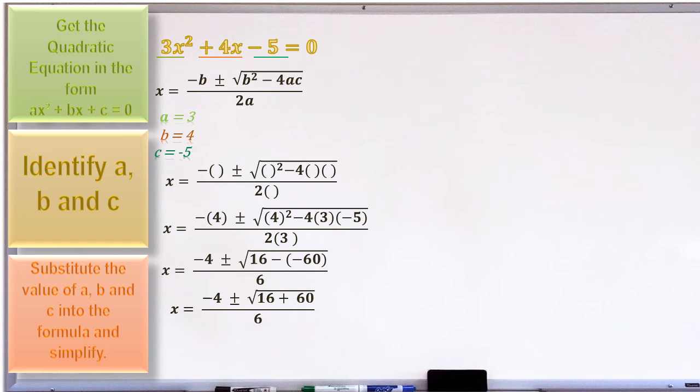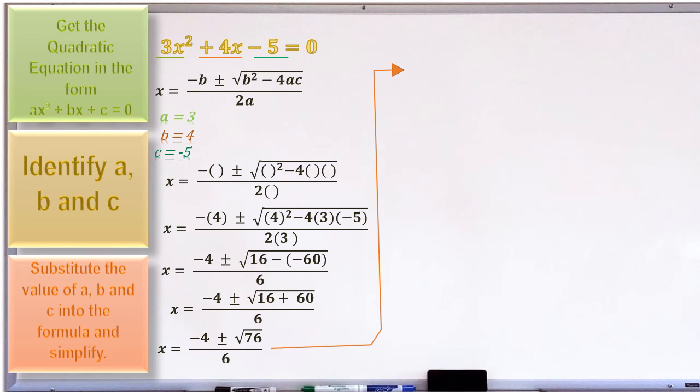Next, negative 4 plus and minus the square root of 16. Negative multiplied by negative is positive. So, plus 60 all over 6.